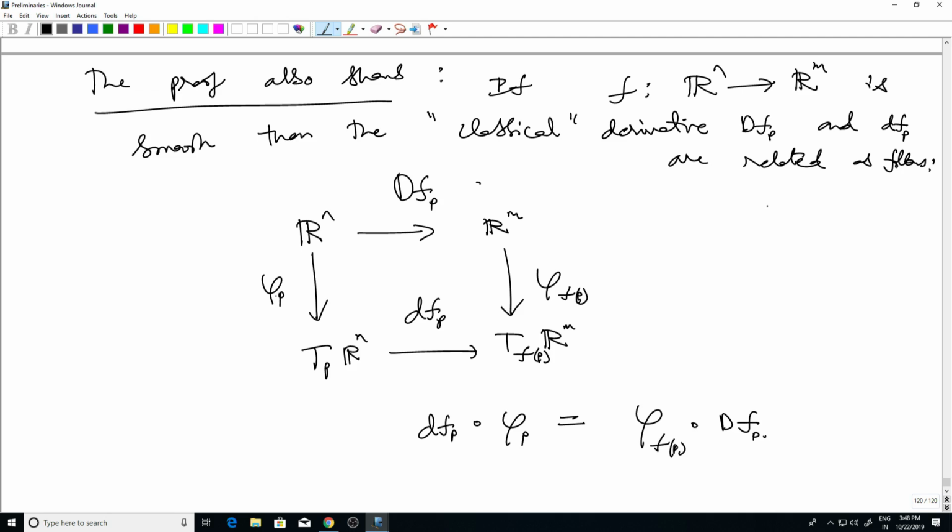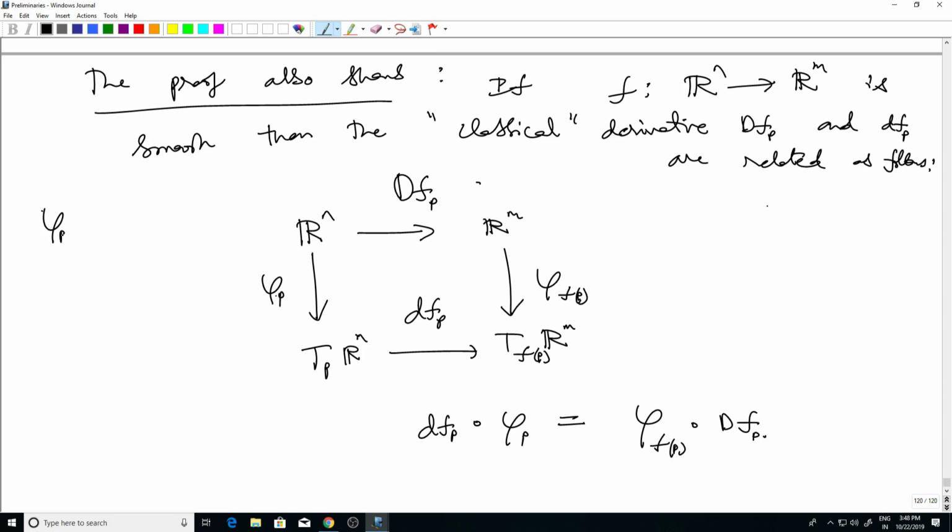This is just another way of saying that if we identify the tangent space to Rn with Rn itself by this natural isomorphism that we have, then the new derivative coincides with the old derivative. For this to make sense, it's not enough that TpRn is an n-dimensional vector space. The fact that this derivative and this derivative are the same holds when we use specific isomorphisms from here to here. So this isomorphism, we know what it is.